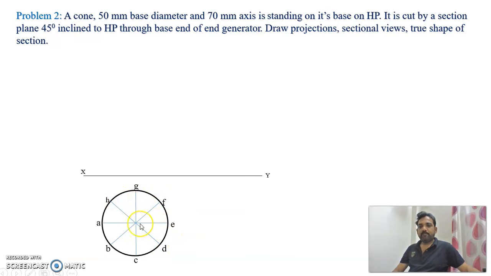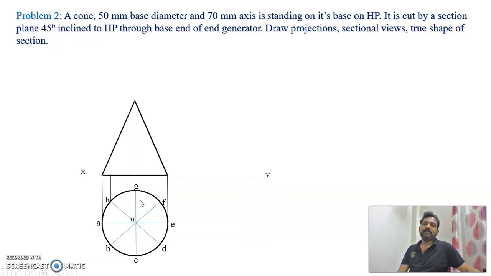Now name the center point as O. Just draw the front view. Project points A, E, F, H, G is the center line, and construct the front view of the cone. Then mark the points. This point will be A dash, as the front view is always represented by dashes.